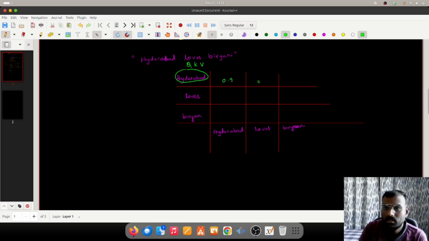Let's assume some values here. Like this, the heat map will be generated. This is our heat map. To evaluate this heat map, two words here, loves and Hyderabad, have some probability value. The higher value indicates that the relationship between the two words is stronger.